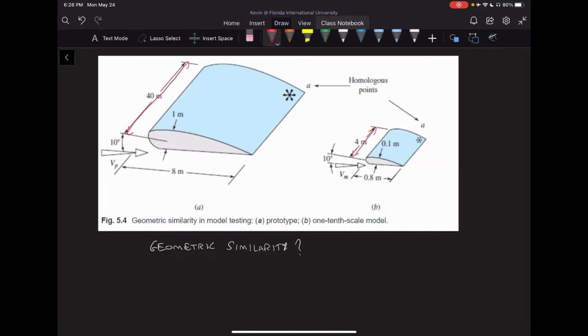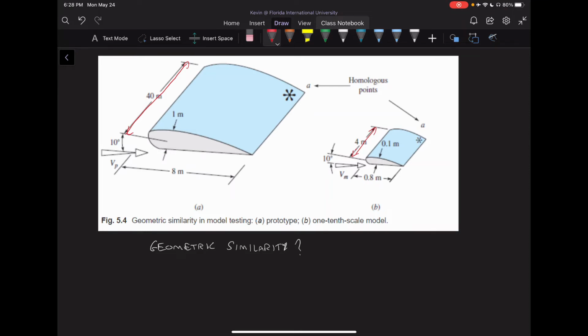Well, not really. We can only say that 4 meters is 10 times smaller than 40 meters. What we need to check is all the other dimensions as well in relation. So we have to check the width, we have to check the length, and we have to check the height.